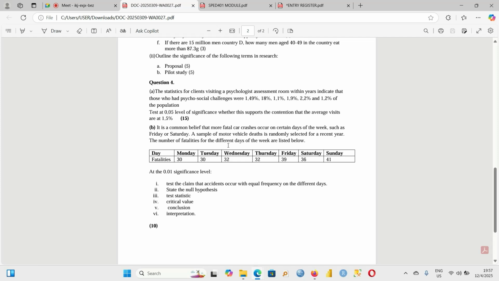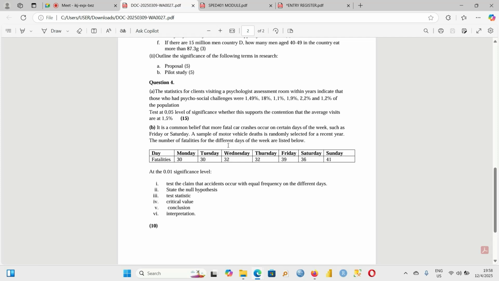Then they are saying at 0.01 significance level, this one is a 1% level, because 1% as a decimal is 0.01. So carry out a test at that significance level, testing the claim that the accidents occur with equal frequency on different days.